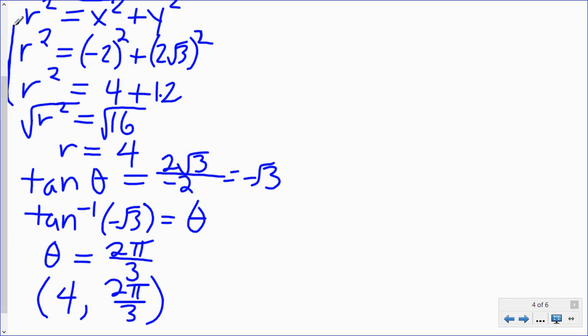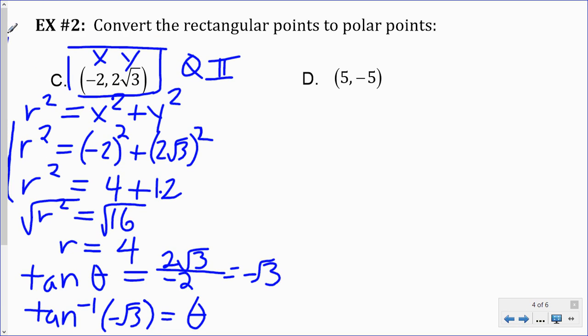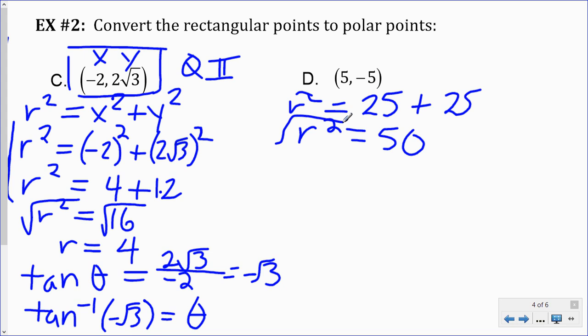Okay, let's look at our next example. Notice, again, I always like to start with r squared equals x squared plus y squared. So if I do that, we're going to have r squared equals 25 plus 25, or r squared equals 50. We're going to square root both sides, and we're going to get r equals, and if I simplify my radical, I'll end up with 5 square root of 2.